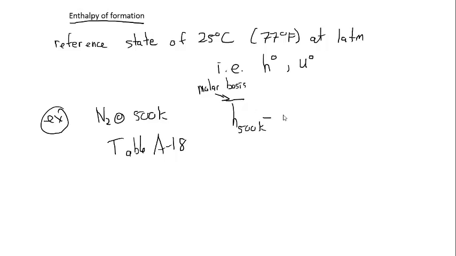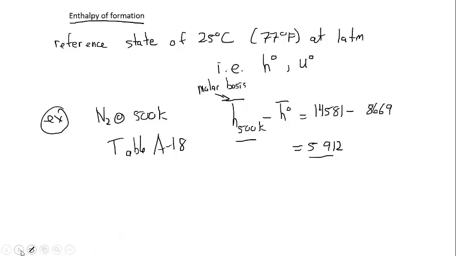So we have enthalpy at 500 K minus the reference state enthalpy. If you look at the enthalpy at 500 K, you get 14,581, I believe that's kilojoules per kilomole, minus the reference enthalpy at 25 C, which is 8,669. So that gives you a total enthalpy of 5,912. That's relative to the reference enthalpy. Again, that's sensible enthalpy for nitrogen. We're going to work out the enthalpy of formation.